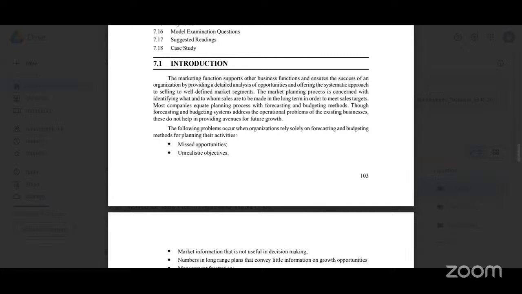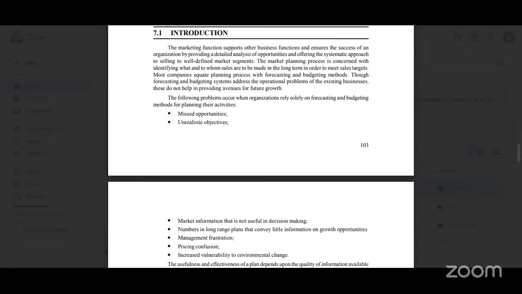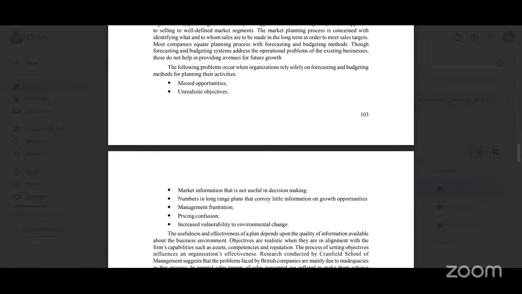Most companies equate planning process with forecasting and budgeting methods. While these are very critical for any business operation, they do not directly help in providing avenues for future growth. It is marketing planning that actually works on these aspects of growth and expansion. So what happens when we rely on forecasting and budgeting methods? There are certain problems that occur in terms of the planning.